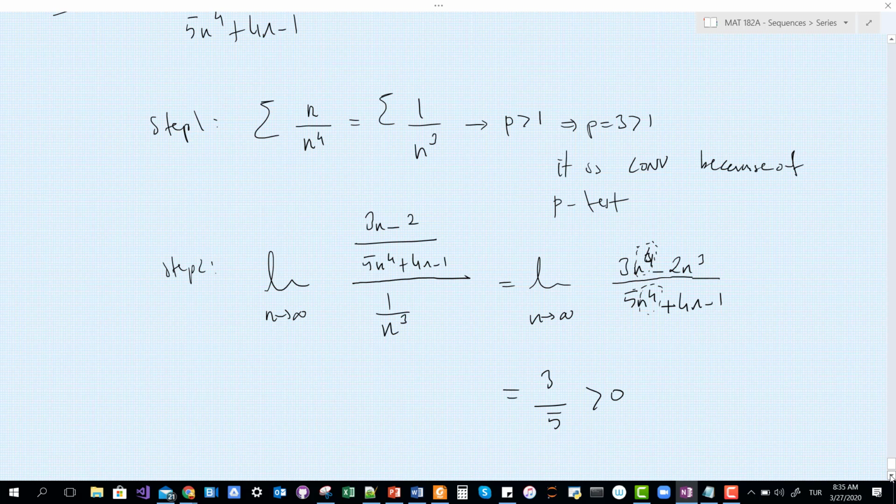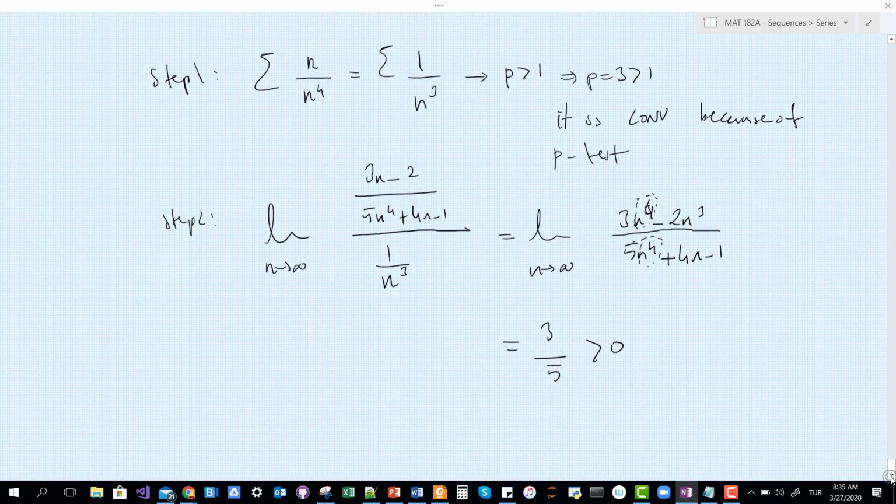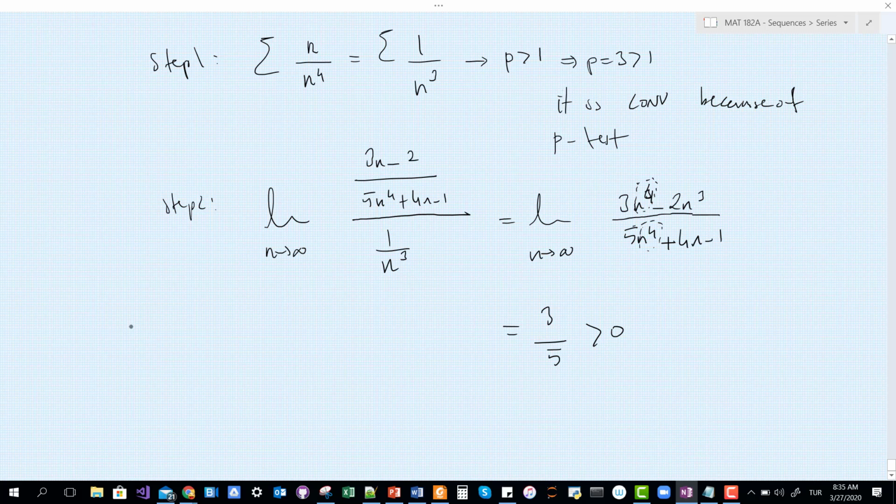That's why I can say they have the same character. So if Bn is convergent, my An is also convergent. Do I know if it is convergent? Yes, my Bn, right, was this one, is convergent.